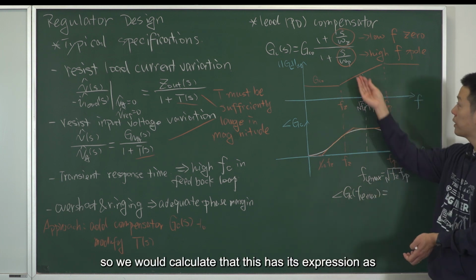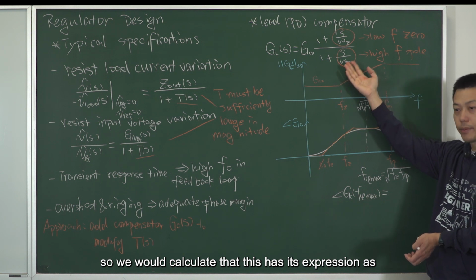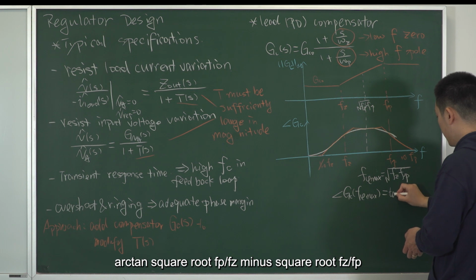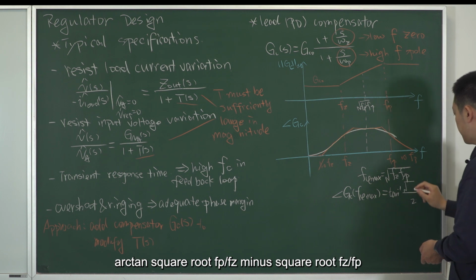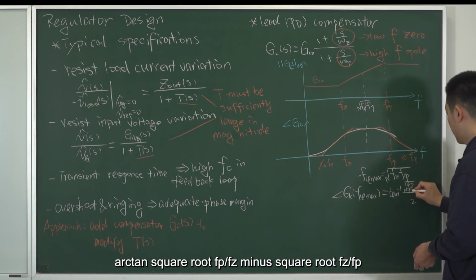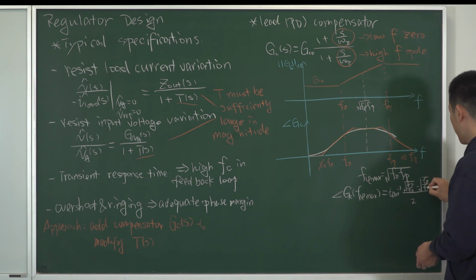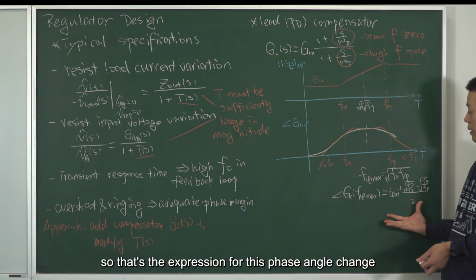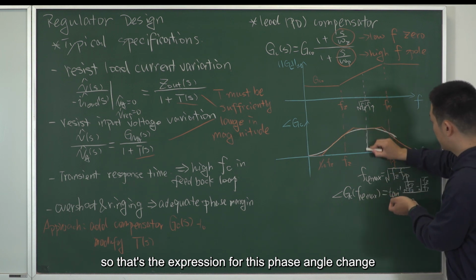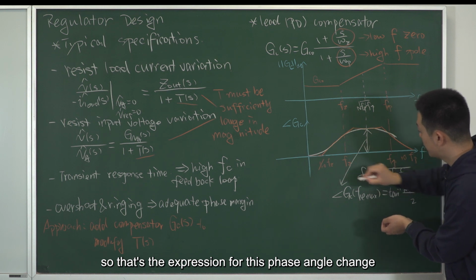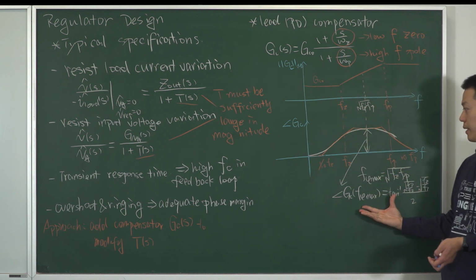We would calculate that it has its expression as arctangent of the square root of Fp over Fz minus the square root of Fz over Fp. So that's the expression for this phase angle change.